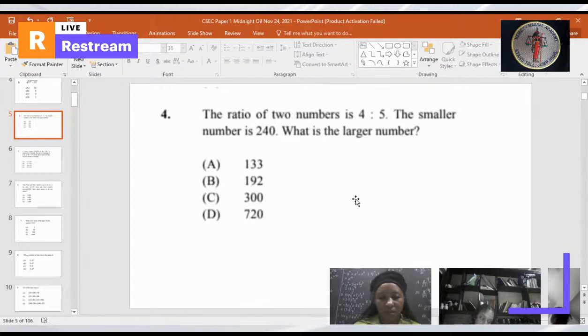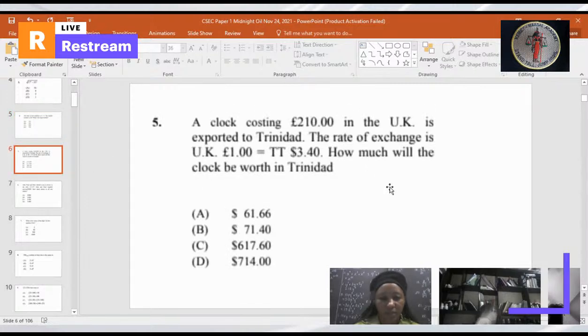Yes, Miss. So divide the 240 by 4 to get the unit value of the ratio, and multiply that by 5. Oh, okay. So the unit value would be 60, and 60 times 5 is 300, which is C. Correct.